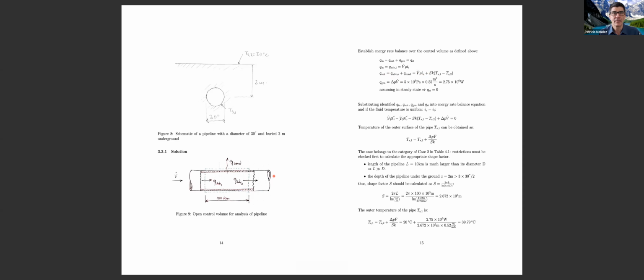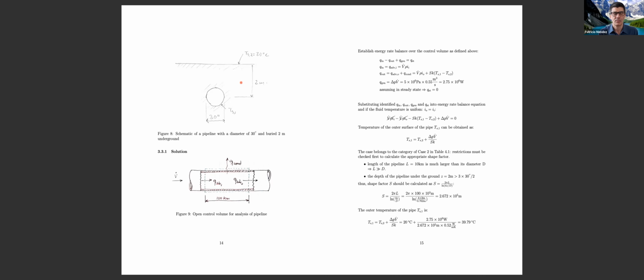In this case, we're going to use the concept of shape factor. If we needed to solve this without the concept of shape factor, we would need to do very complex math or a finite element analysis. So this is the important part of the class, and the important part of this unit.